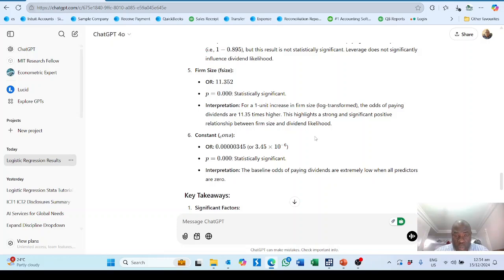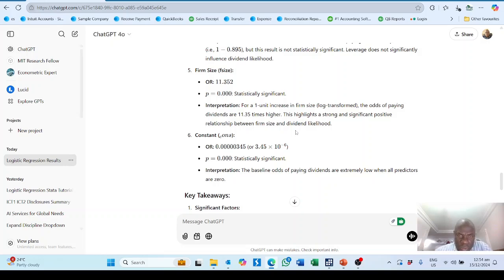This is huge, meaning that large firms are more likely to pay dividends. This highlights a strong and significant positive relationship between firm size and dividend payment likelihood.